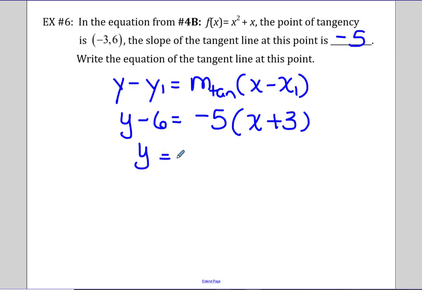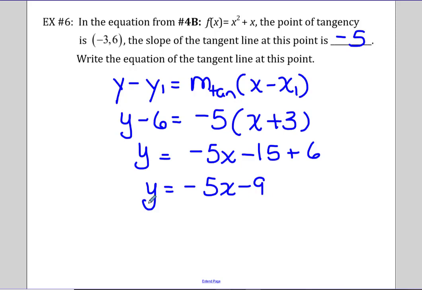And if we put all that together, negative 5x minus 15 plus 6, we would end up with slope-intercept form looking like that. Now, I don't know about your teacher, but I'm happy with this answer at this level.